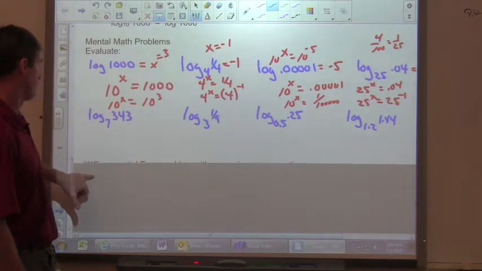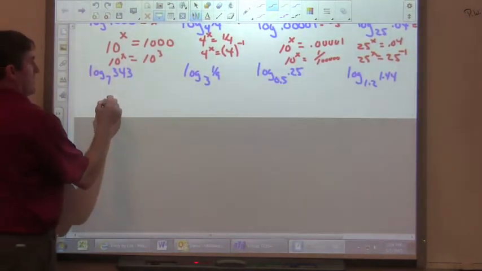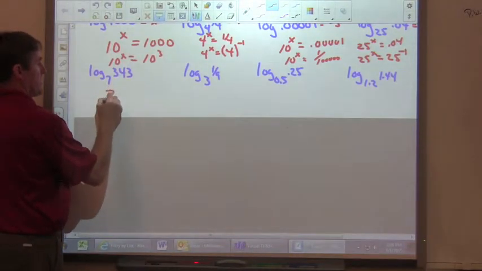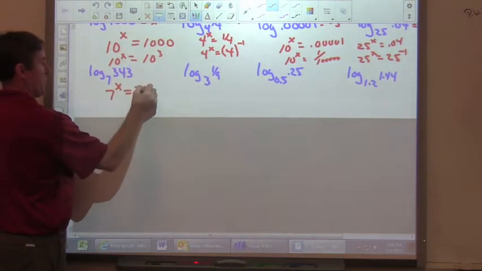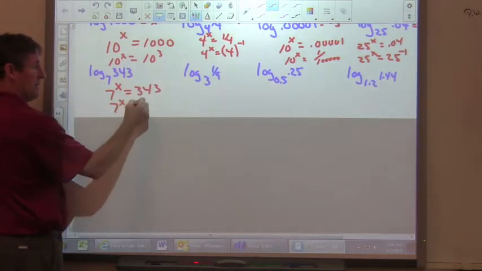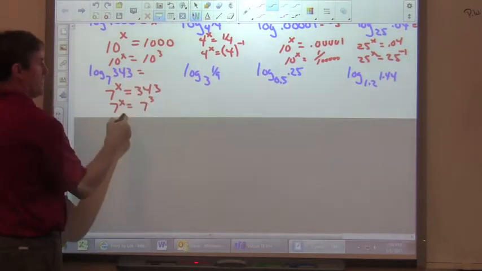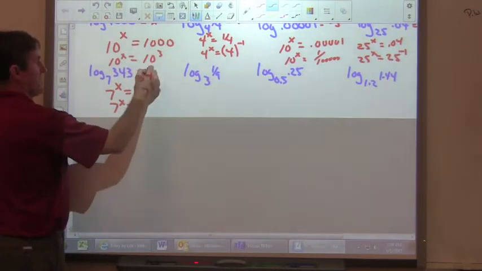Let's try a few more. So we go 7 to the x equals 343. So this has to be base 7, and that's to the third power. And so the bases are the same, so x equals 3.